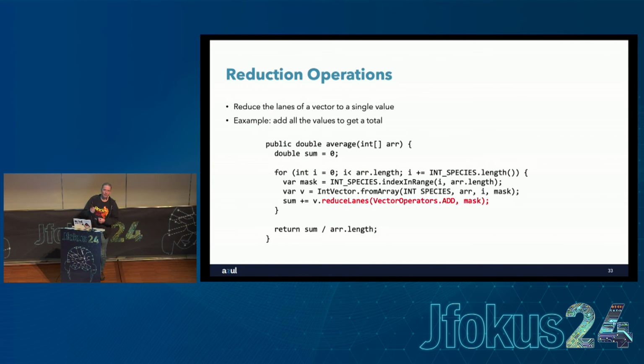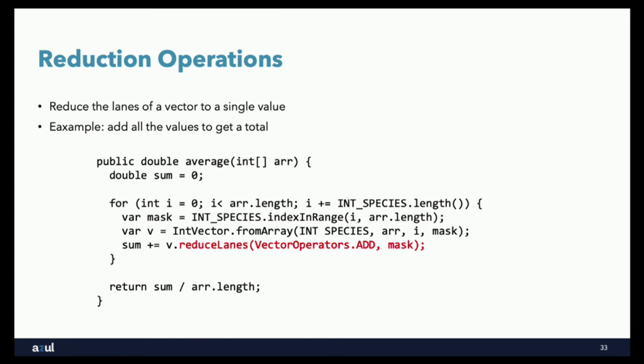We can also do reduction operations. Rather than taking a set of values and applying the same operation to each of those values in a single clock cycle, what we can also do is say, well, we've got a set of values, I want to take all of those values and reduce them to a single value. Something like where we want to add all the values, so we're creating a sum of what we've got in our array.